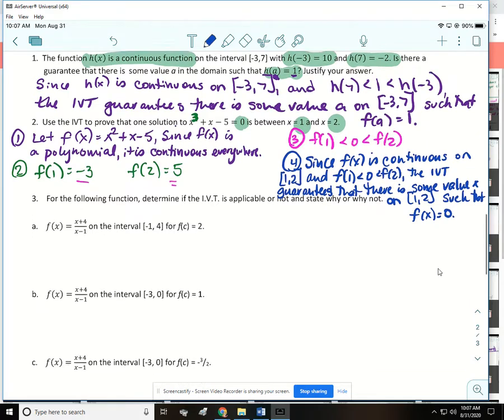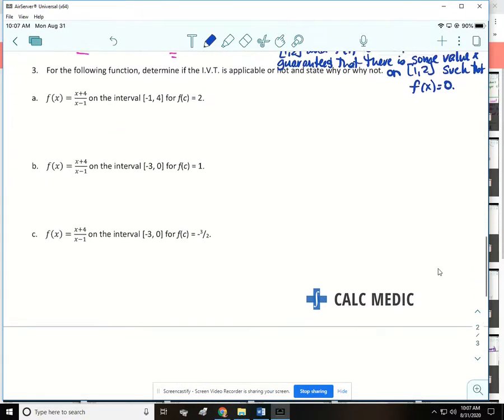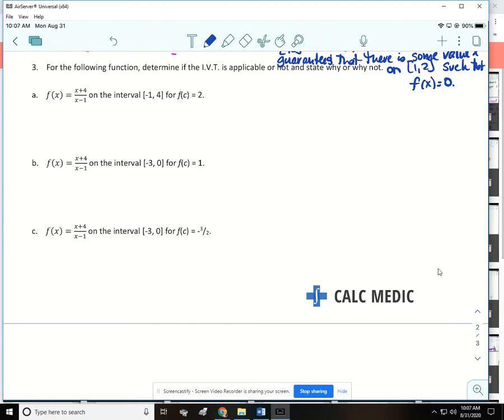Alright, so for example 3, for each of the following, we're going to determine if the intermediate value theorem is applicable or not. And then we're going to say why or why not. So if it is applicable, we are going to go ahead and give our conclusion statement. Alright, so for A, that is a rational function, and rational functions are discontinuous at certain values.